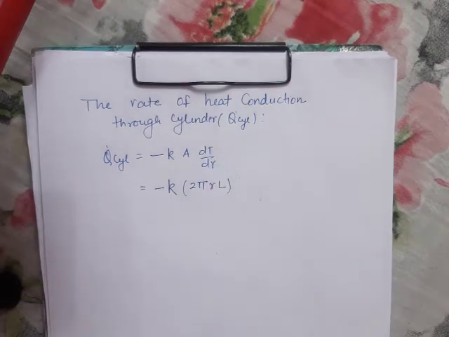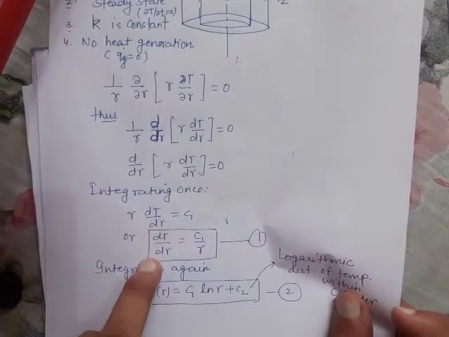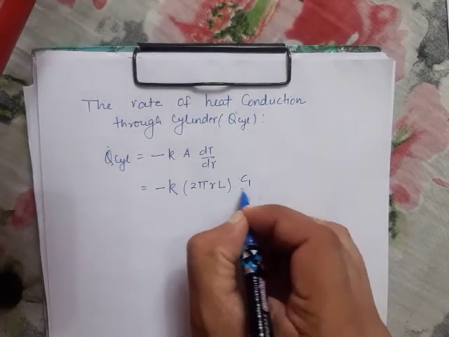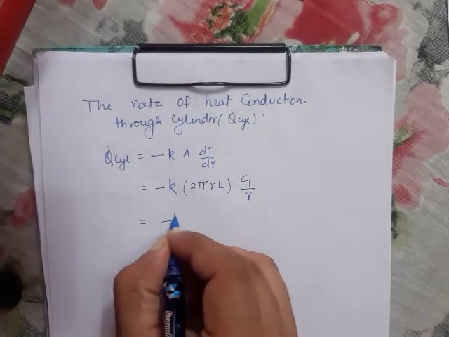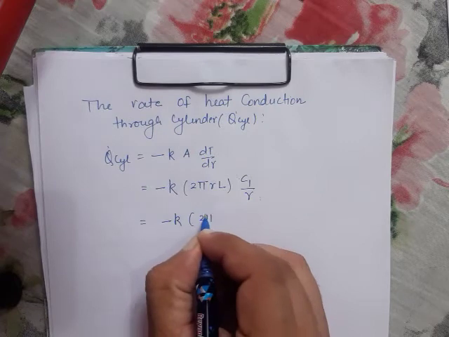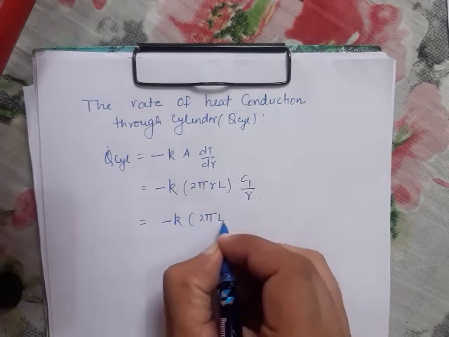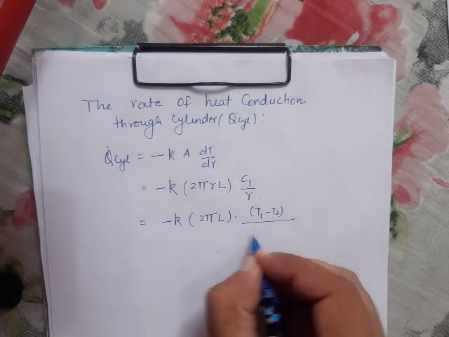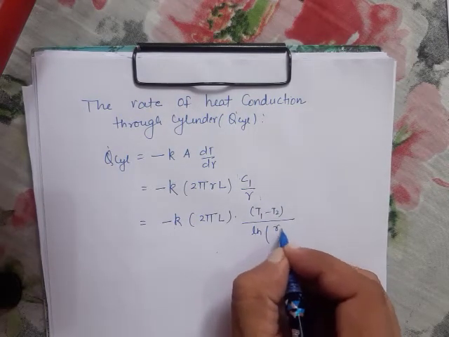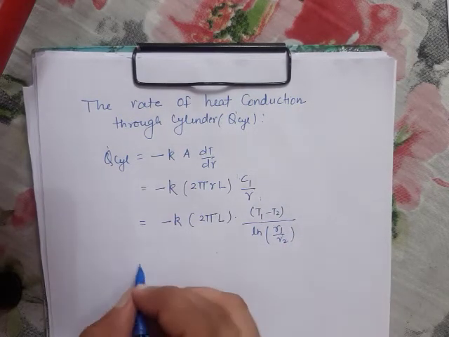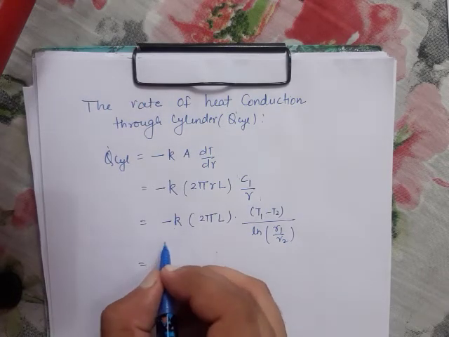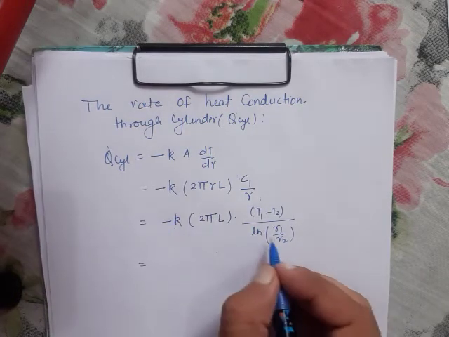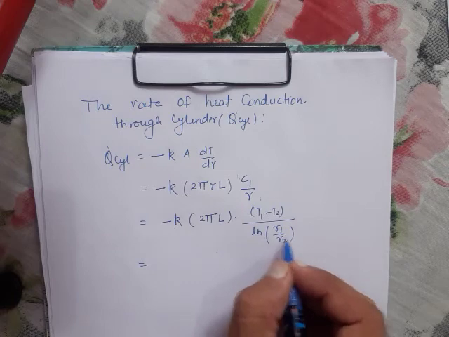And dT upon dr is C1 upon r. So let's write C1 upon r. Now put the value of C1 over here. It is 2 pi, r cancels out, L. The value of C1 is T1 minus T2 upon log of r1 upon r2. Now this minus can be removed from the equation by writing this as log r2 upon r1.